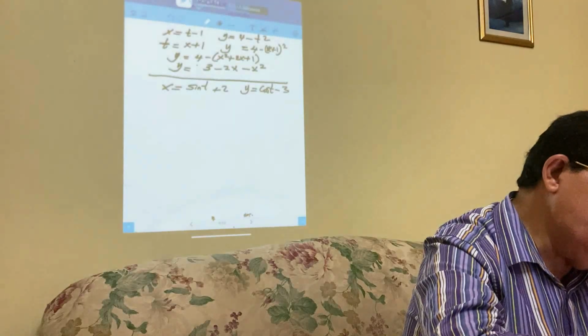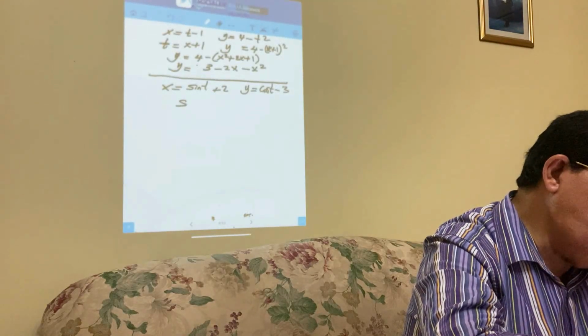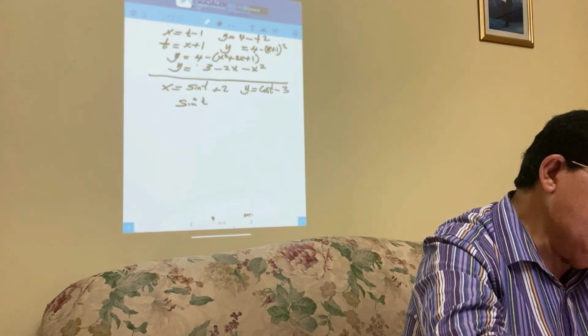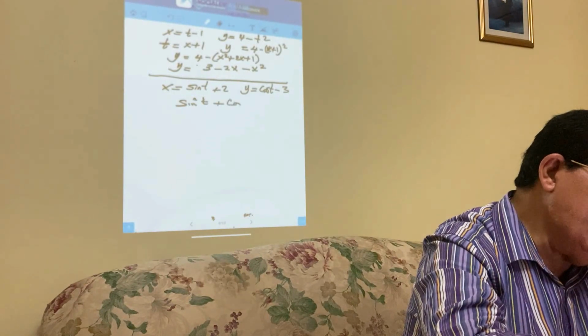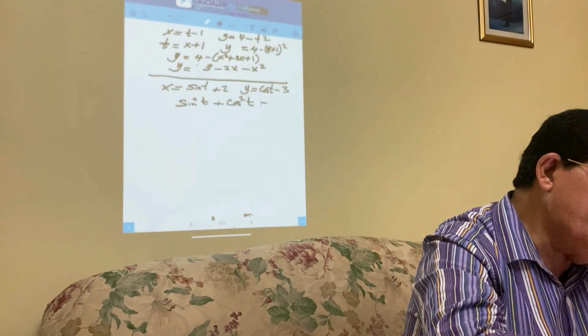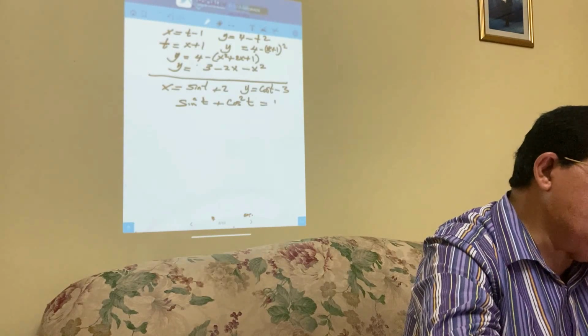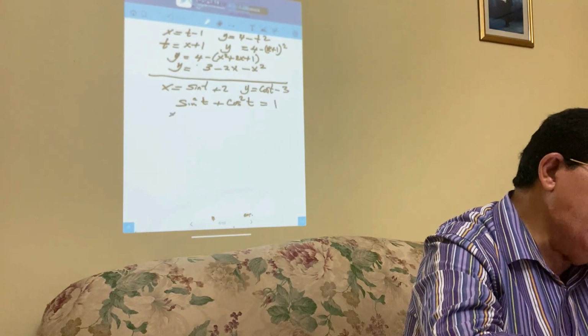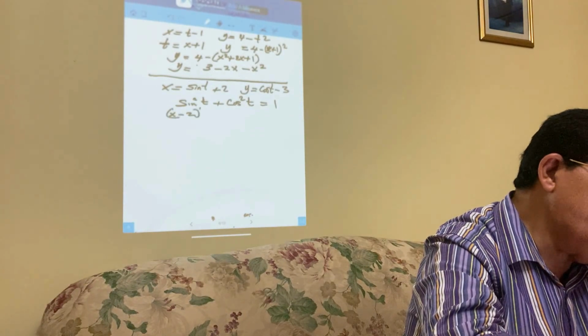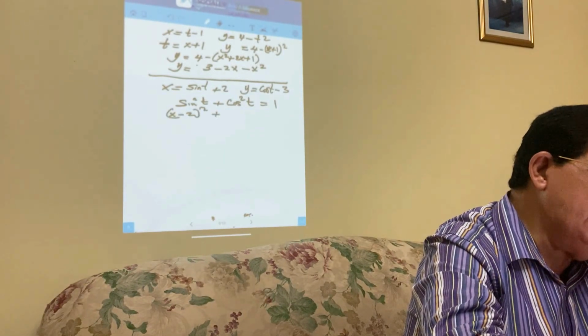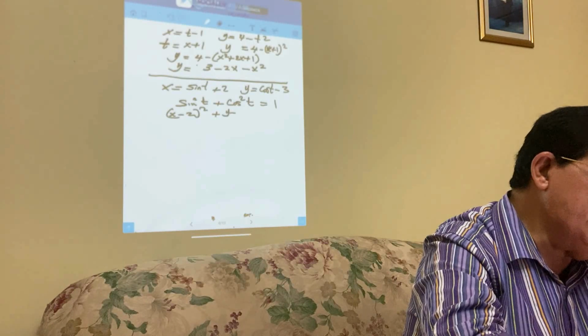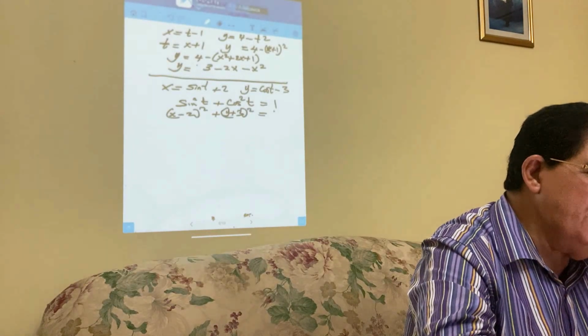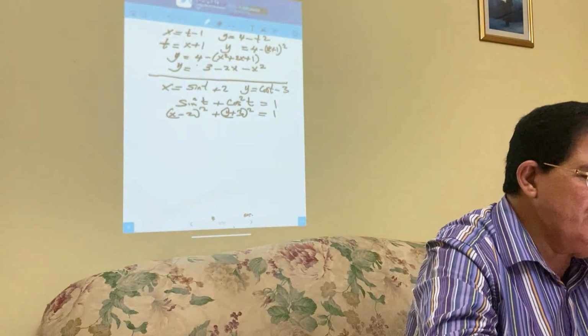What is it? I know that sine square t plus cosine square t equal 1. Then substitute. Instead of sine square t, you get (x minus 2) squared, instead of cosine square t, you get (y plus 3) squared, equal 1. This is the Cartesian equation.